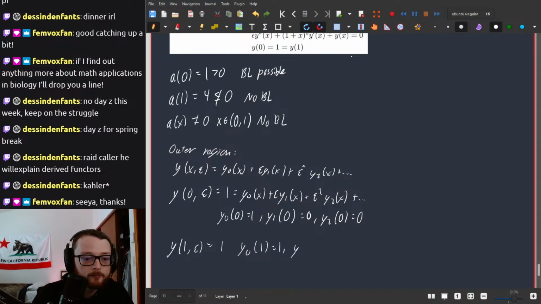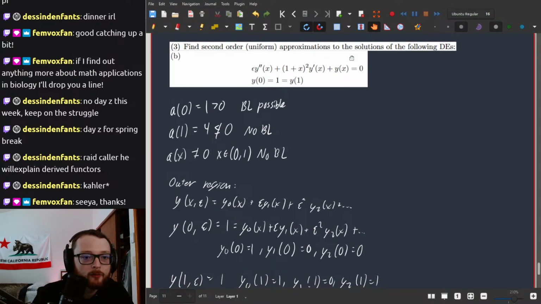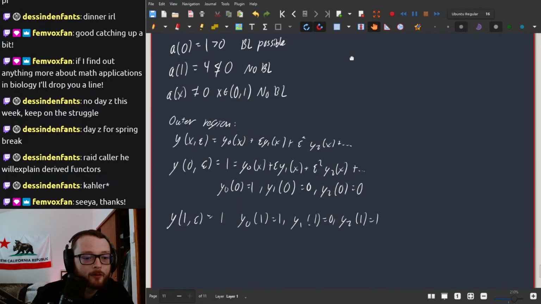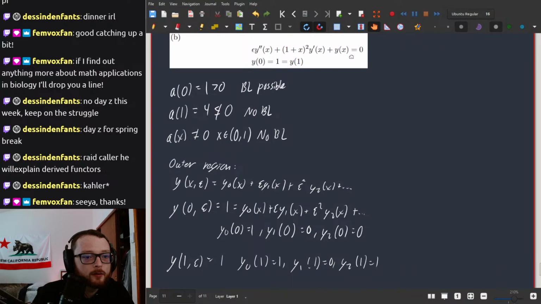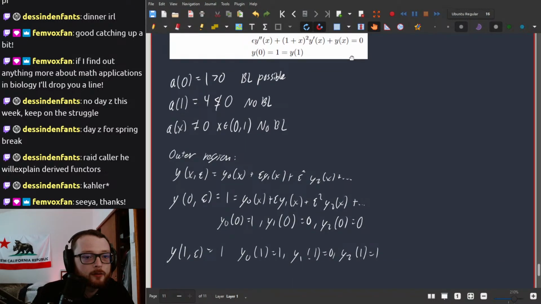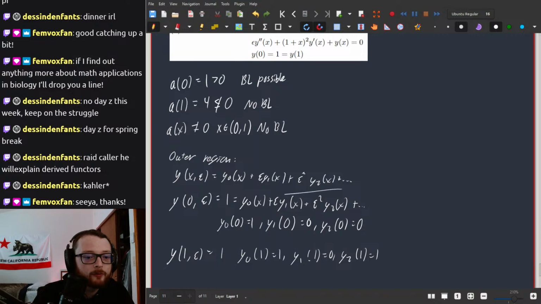Same thing. What am I writing? Too many numbers here, getting them all mixed up. Okay. And now we can just plug this series into the differential equation.